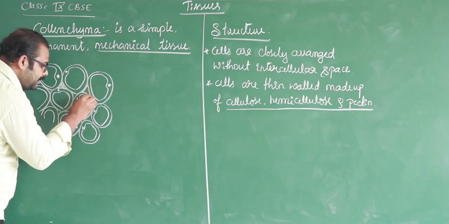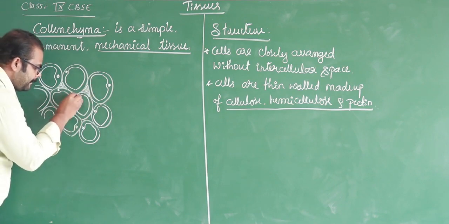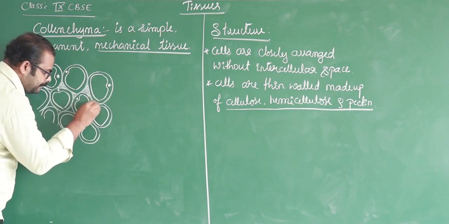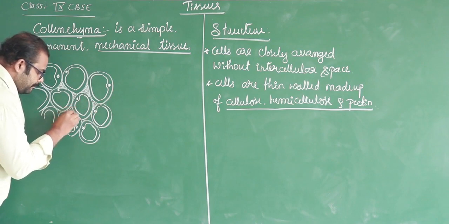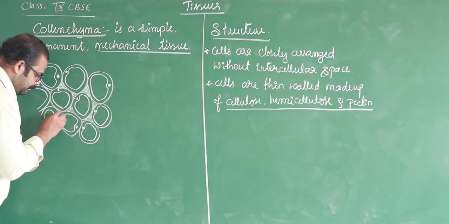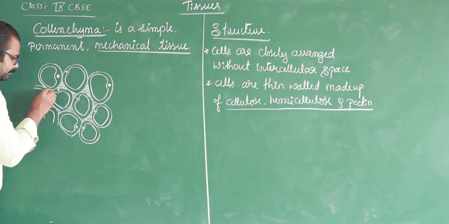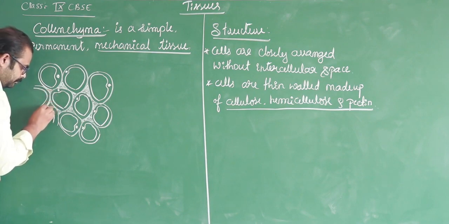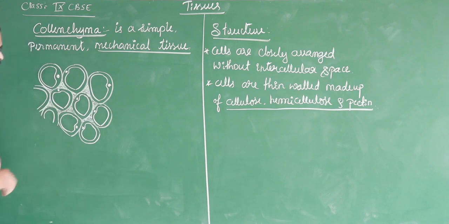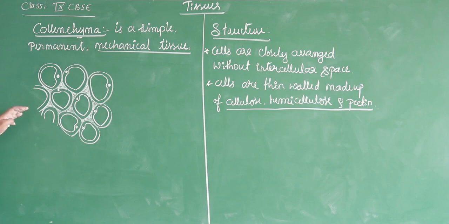Look here, the inner surface is deposited with pectin. So there will be no spaces you can find in the collenchyma. This is about the structure of collenchyma.